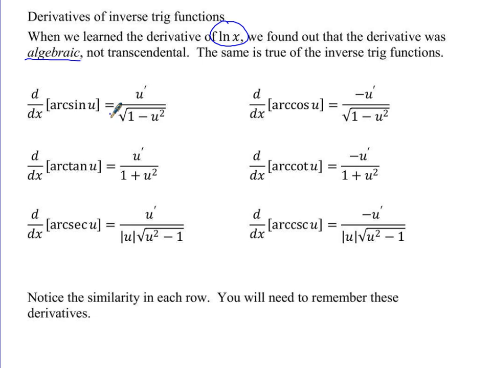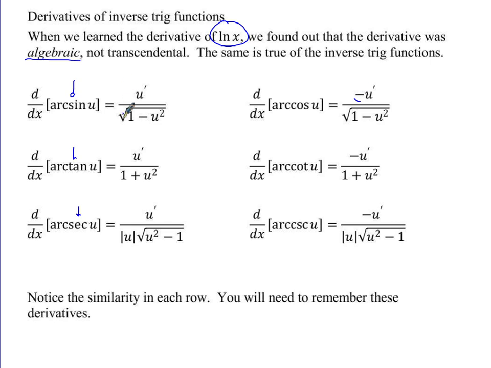Now, the other thing that I want to point out here is, yes, there are 6 of them, but really, you only need to memorize 3. Sine, tangent, and secant. The cos are all very similar. The only difference between sine and the cosine is what? The negative sign right here. The stuff is all the same.